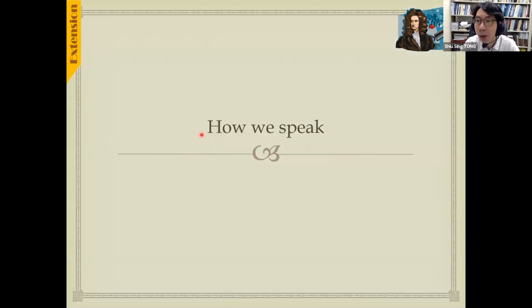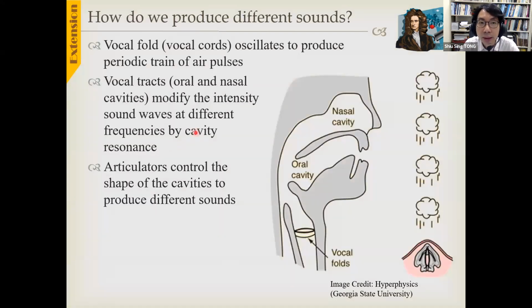Now, I would like to talk a little bit about how we speak. There's a misconception about speaking. People always thought that we can produce different sounds because our vocal folds, or vocal cords, oscillate with different frequencies, that we can control our vocal cords such that they produce different frequencies.